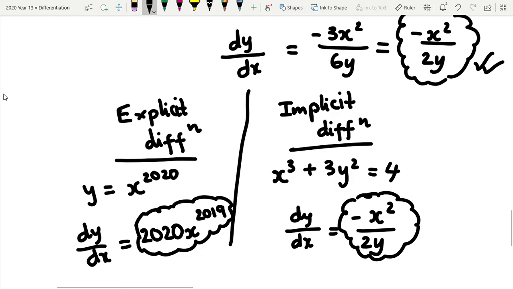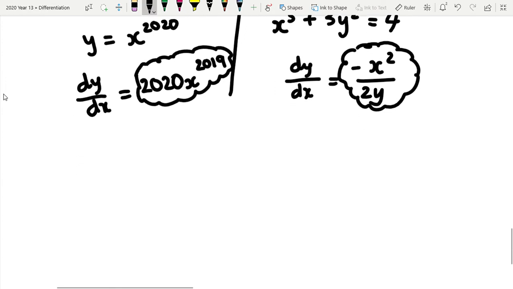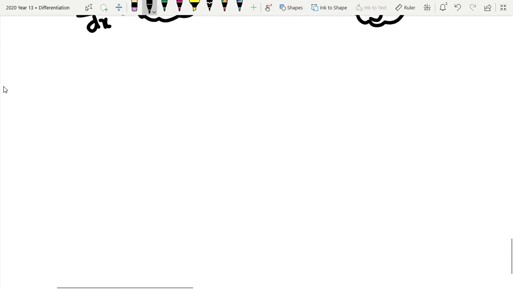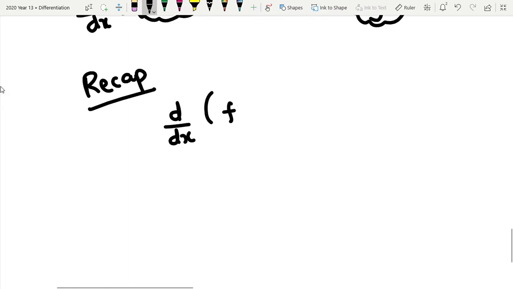And remember, yes, we do apply the product rule and quotient rule effectively. In fact, I will write the form for the quotient rule and the product rule here so people might have a look at what might come up when you use implicit differentiation. So, to recap all the rules: d over dx of f plus g.